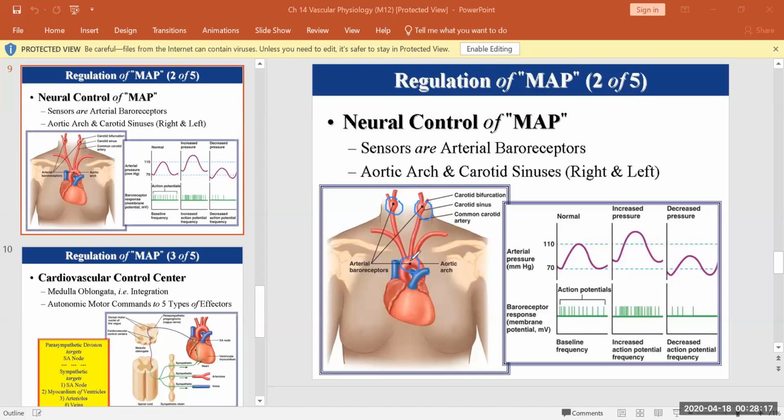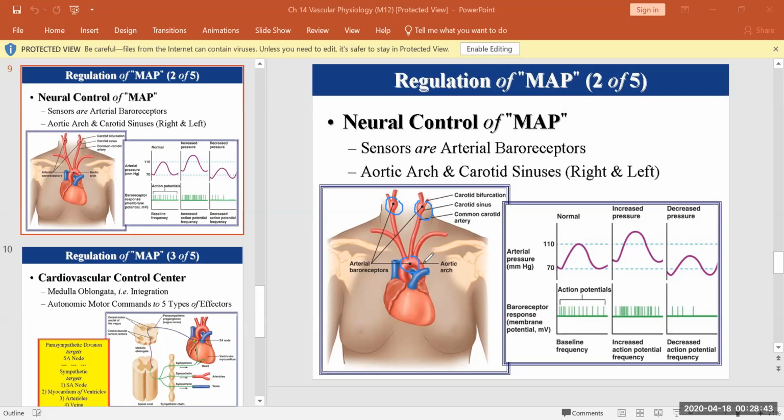Because why at the aortic arch? That's the pressure. It needs to be strong enough to basically drive blood through the rest of the body, through the rest of the systemic circulation. And the systemic circulation has a lot of distance to cover. So again, the longer the tube, the higher the resistance to flow.